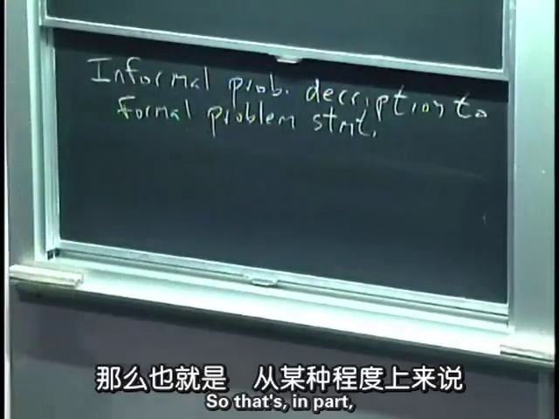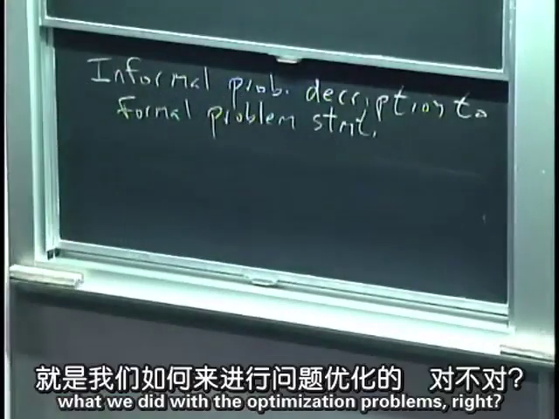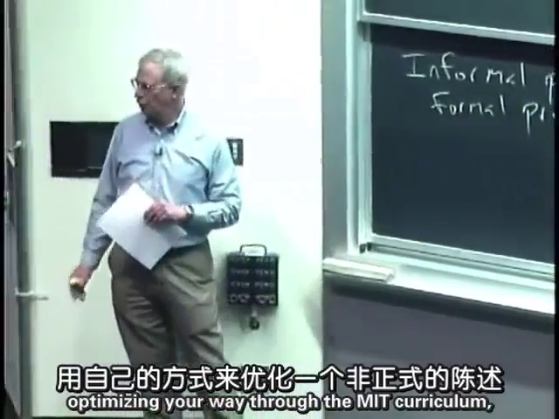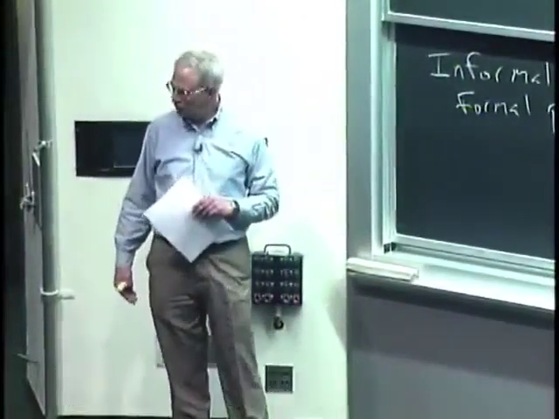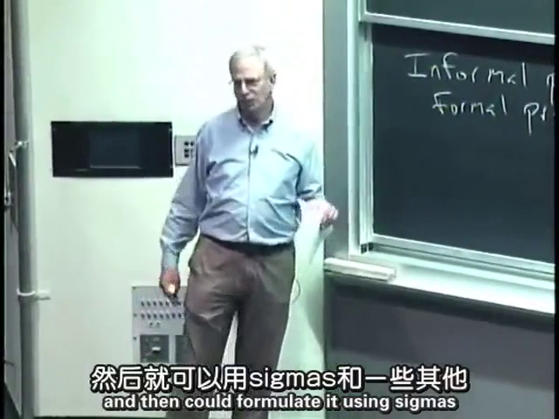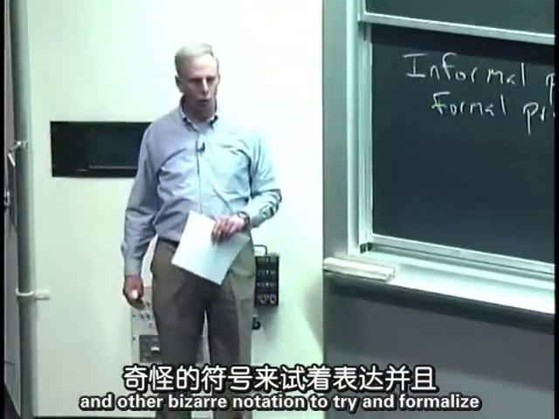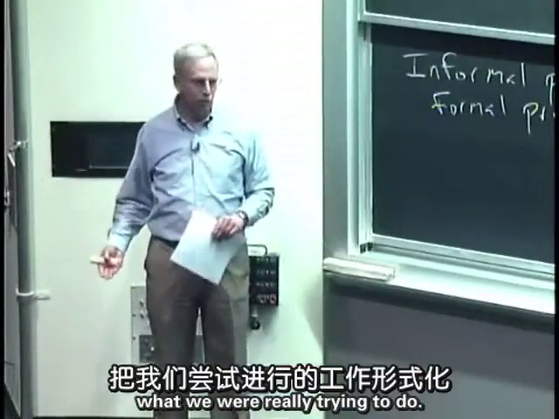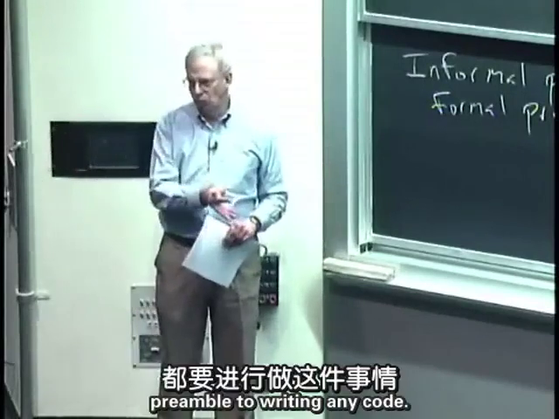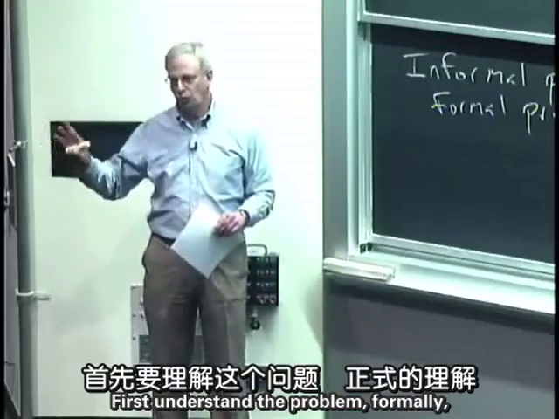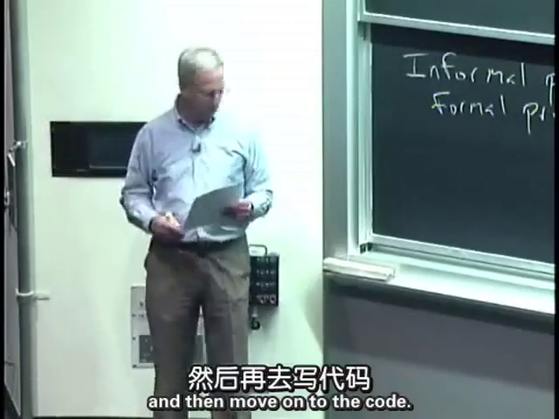So that's in part what we did with the optimization problems, right? We looked at an informal description about optimizing your way through the MIT curriculum, and then could formulate it using sigmas and other bizarre notation to try and formalize what we were really trying to do. And we did that as a preamble to writing any code. First, understand the problem formally, and then move on to the code.